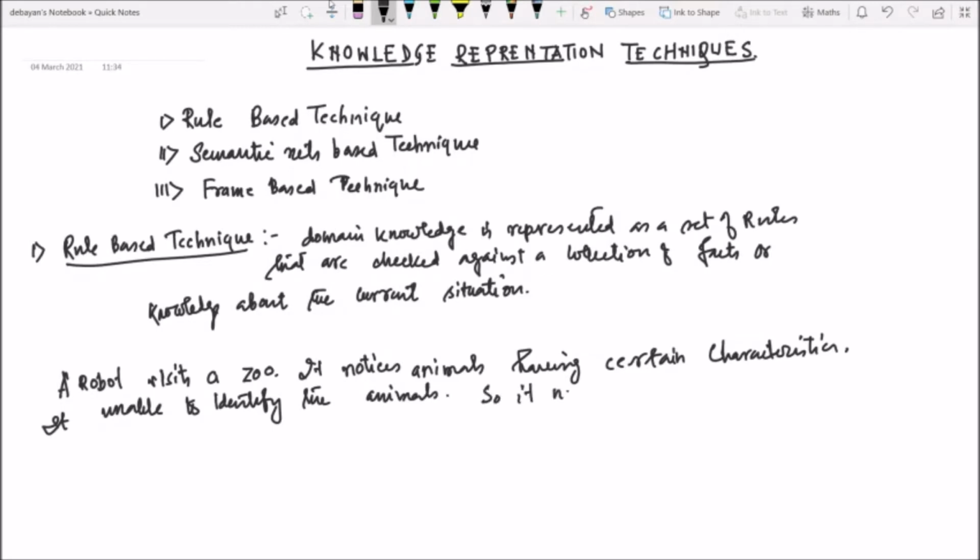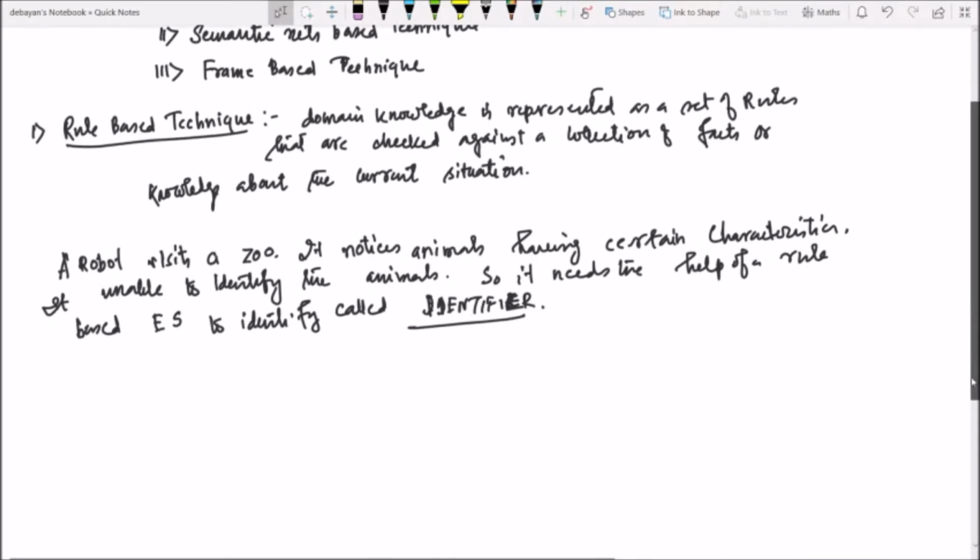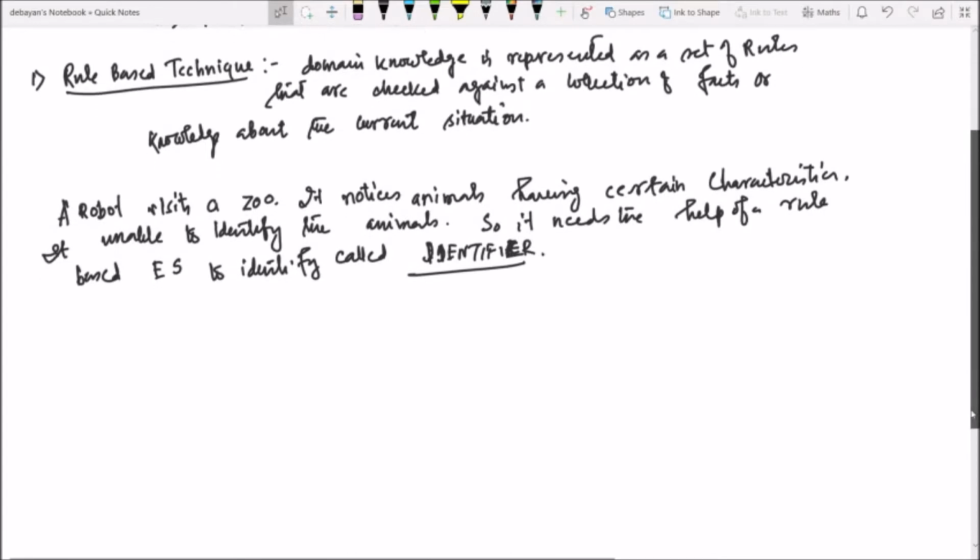So it needs the help of a rule based expert system, called an identifier, to identify them. I am just designing a rule based system to give you the understanding of how this expert system can be built.